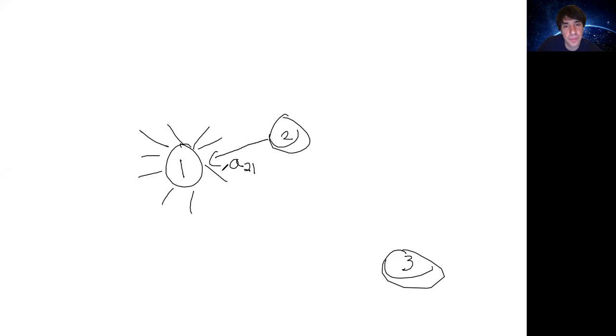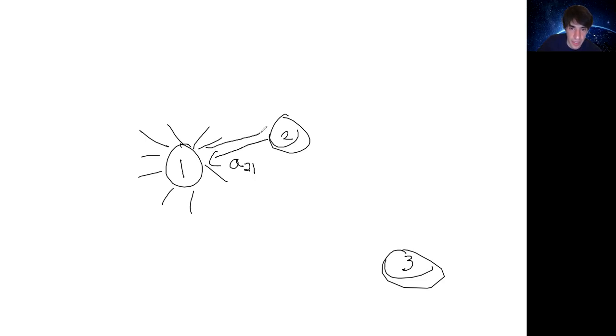Right, so it should somehow be pointing in the direction of the sun, because the idea is that like the sun pulls the planet towards itself, right?